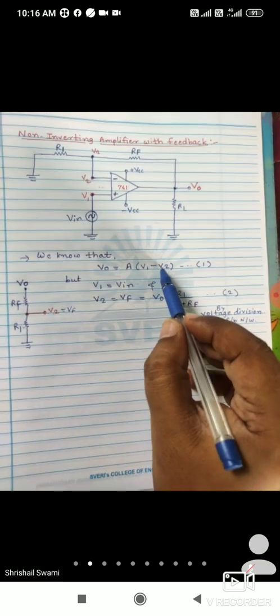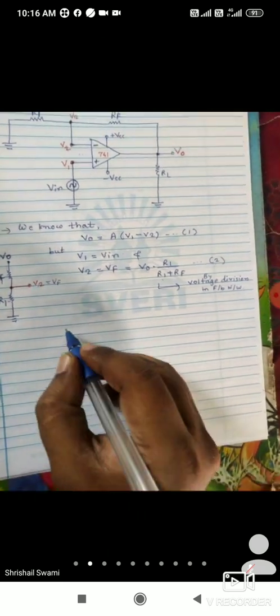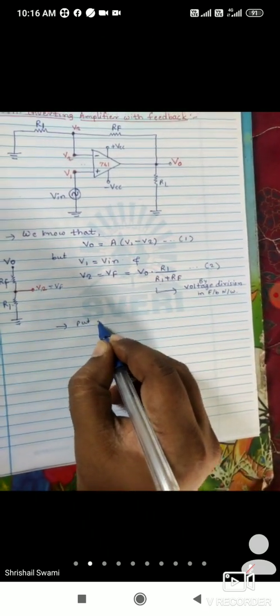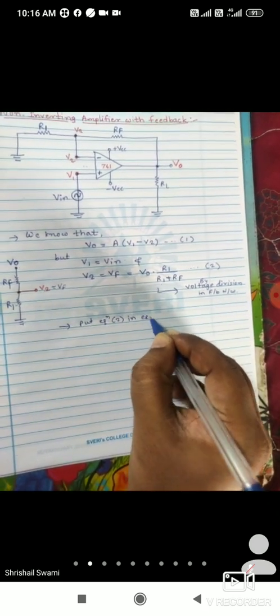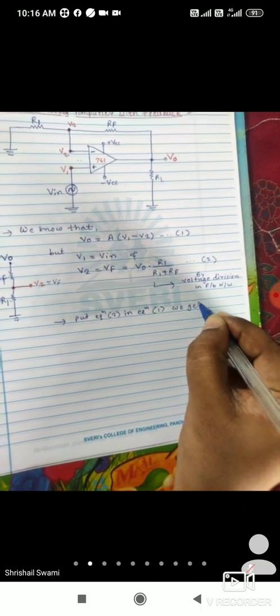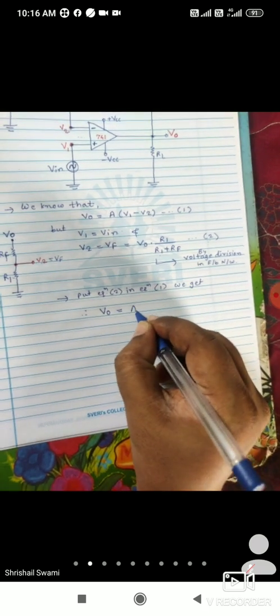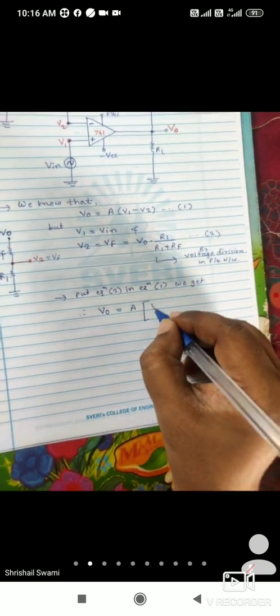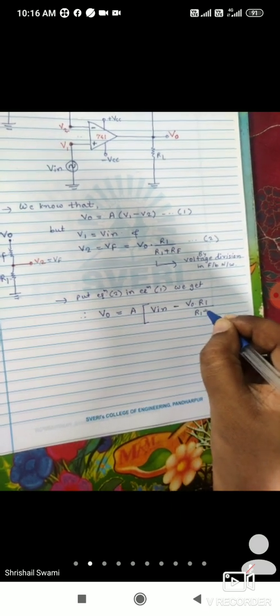Both you can put in this equation. So put equation 2 in equation 1. We get V0 as it is, A as it is, V1 is replaced by Vin, minus V2 replaced by V0 into R1 divided by R1 plus RF.